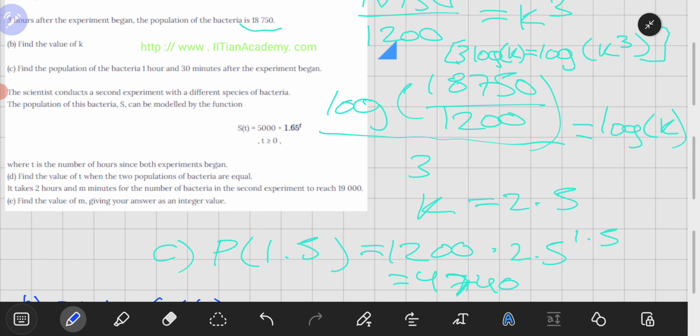Okay, now we're asked for our final question, question E, to find the value of m, giving our answer as an integer value.